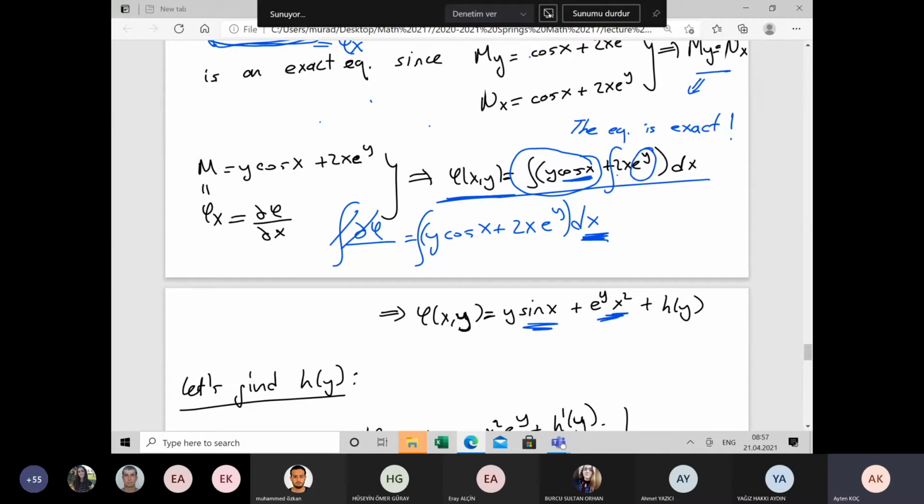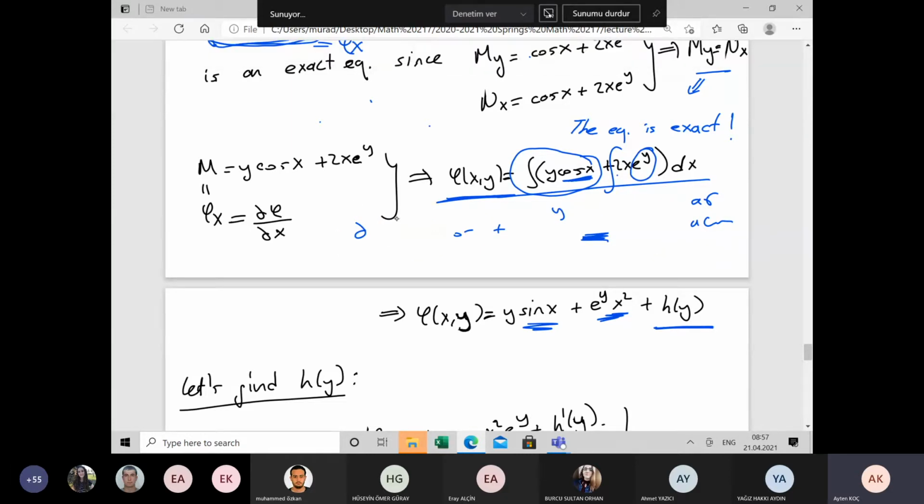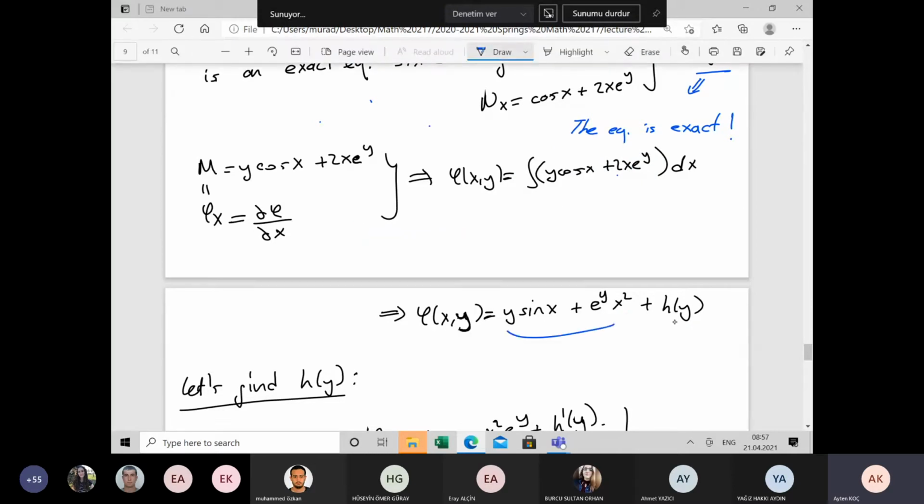Plus the integration constant, but here we first consider y as a constant, so it should not be c, it should be h of y, a function of y. So we obtain phi equals this plus h of y.